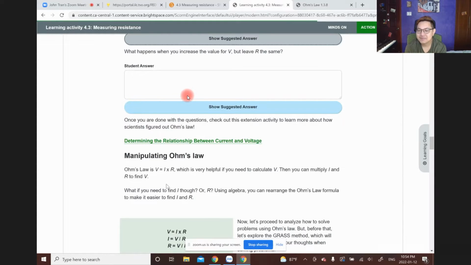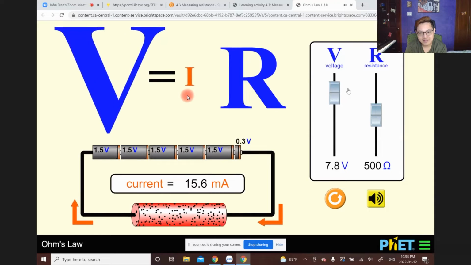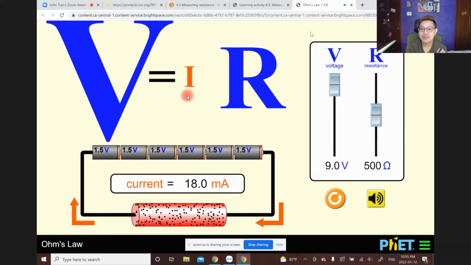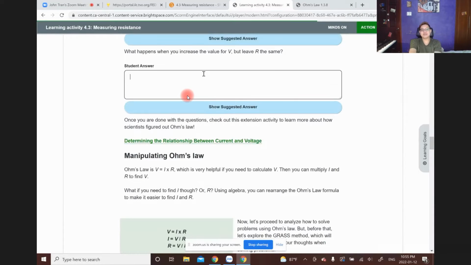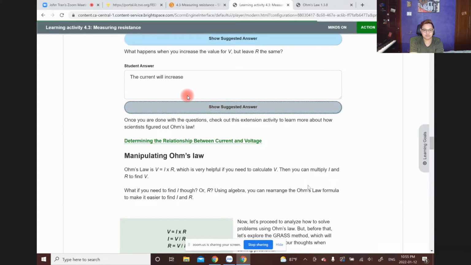What do you think? If R is the same and you increase V, of course I will increase, right? So the current will increase. Once you're done the question, check out this extension activity to learn more about how scientists figure out Ohm's laws.